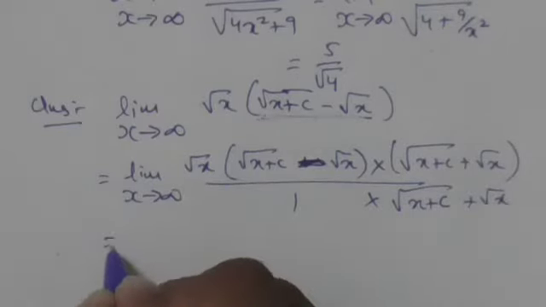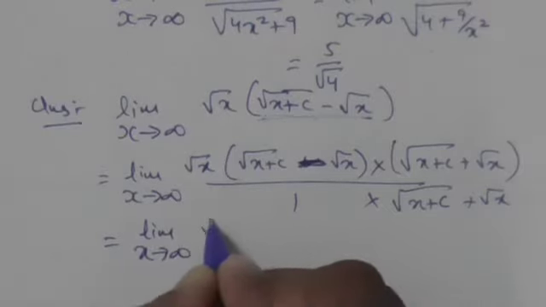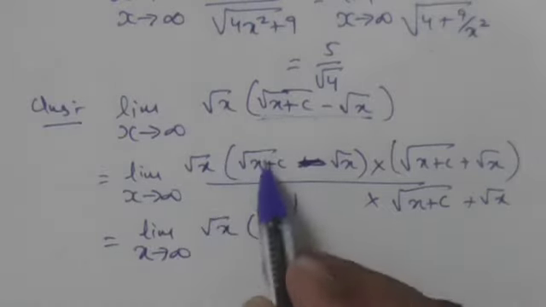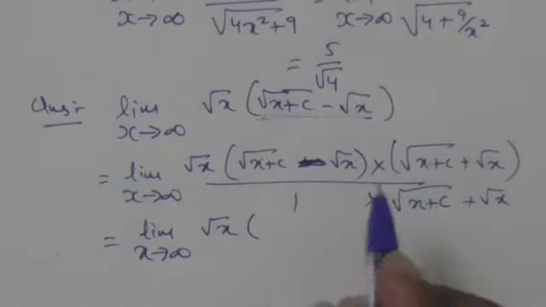So it will be equal to limit x tends to infinity, now see, a minus b into a plus b is equal to a square minus b square.